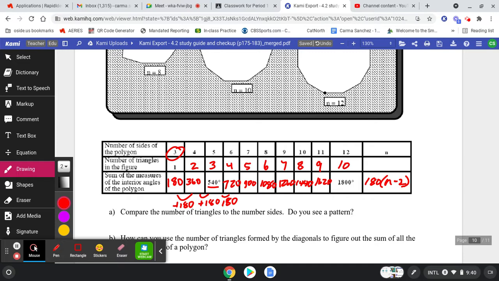Notice how we're starting at 3 here. So this formula that we're using comes from multiplying those triangles times the number of triangles that are being drawn inside of each shape. So just like we did on our study guide, we know that this 180 represents the degrees inside of a triangle, and we know that the n minus 2 represents the number of triangles inside each shape.